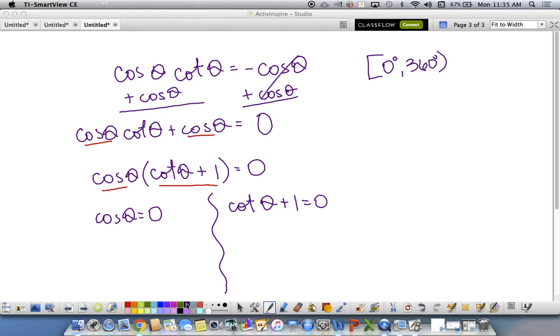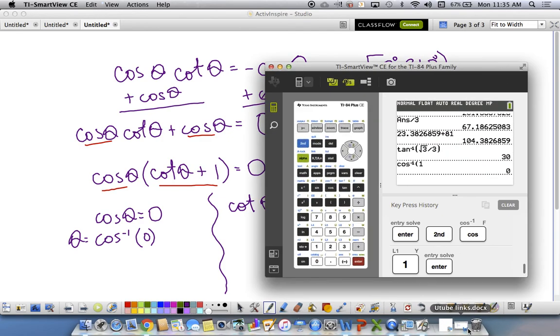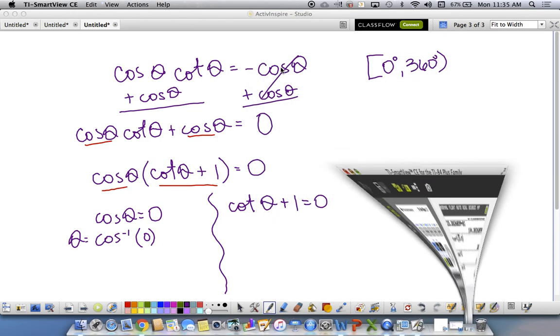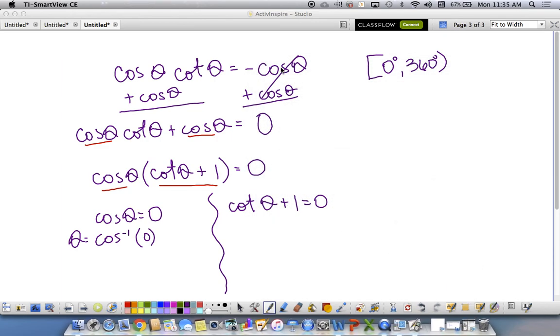The first one over here, cosine theta equals 0. Well, my theta will simply equal cosine negative 1 of 0. When I pull up my calculator, second cosine of 0, it's going to give me 90 degrees. 90 degrees is my answer, right?